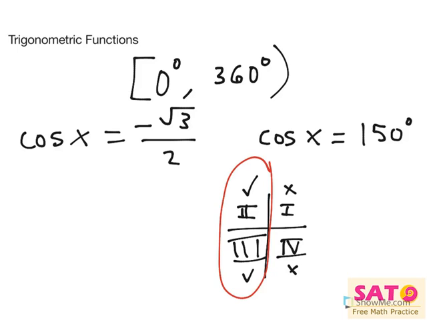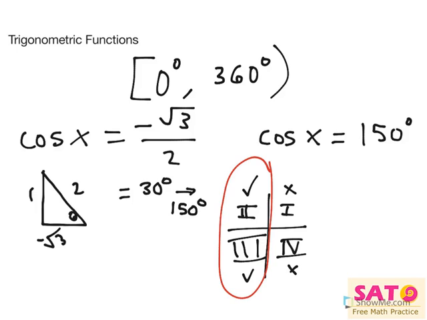Let's start at quadrant 2. We use theta, and negative square root of 3 would be right here because we know it's cosine, and 1. If we look back to our triangle again, we know that side 1 is equal to 30 degrees, but for quadrant 2, that would be 150 degrees.